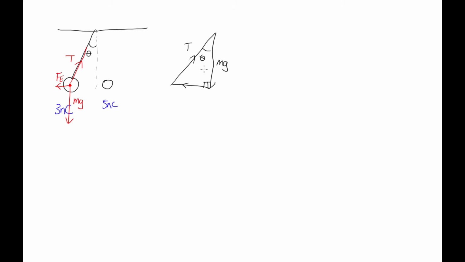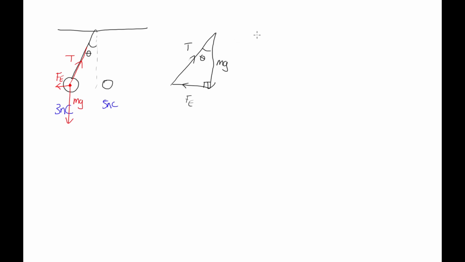So now what we can tell is that the vertical component of the tension force is going to have the same magnitude as the weight force, and the horizontal component of the tension force is going to have the same magnitude as the electric force.